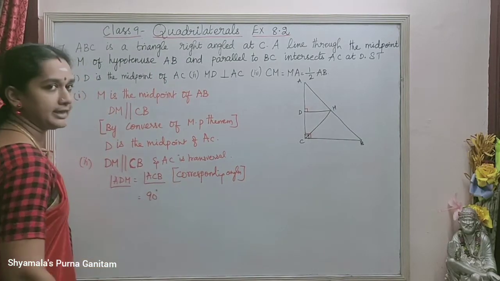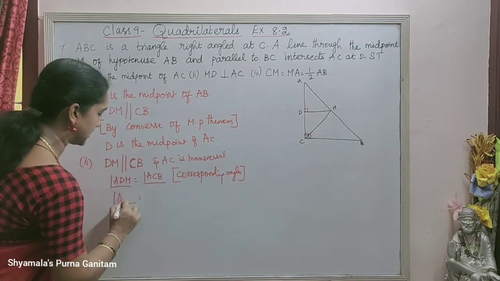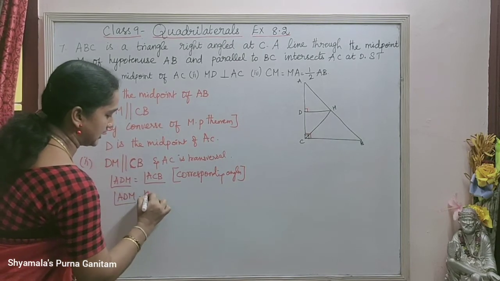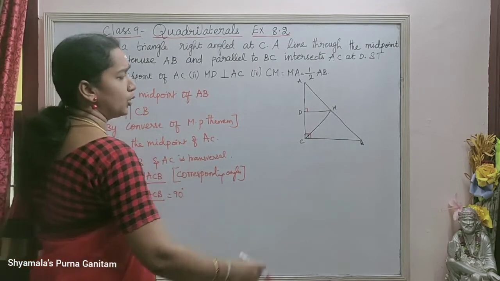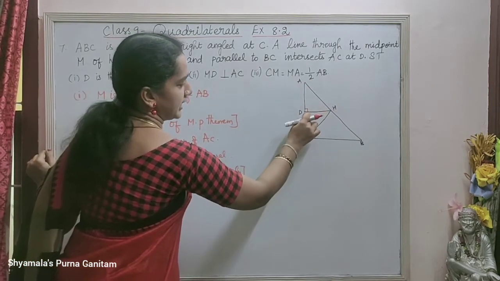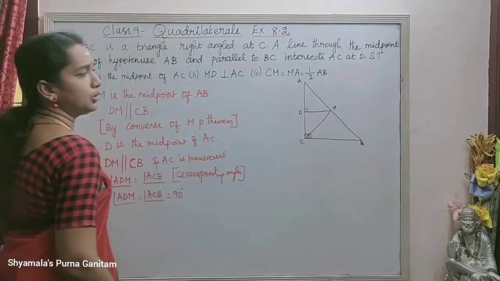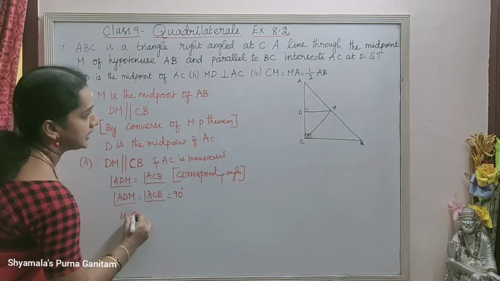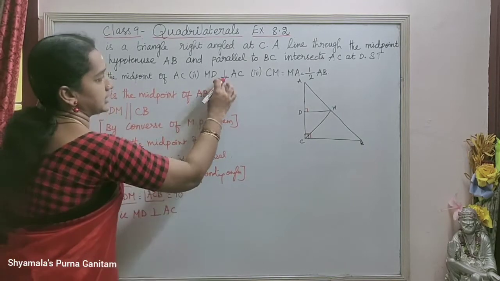So ADM is equal to ACB is equal to 90 degree. So since this is 90 degree, we can say that MD is perpendicular to AC. So that is the second proof.